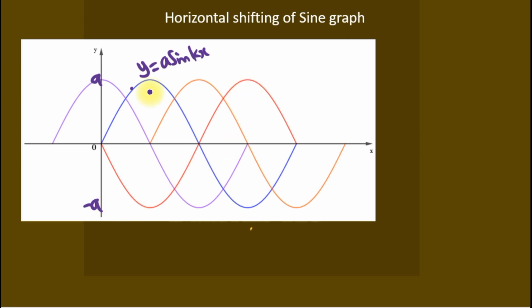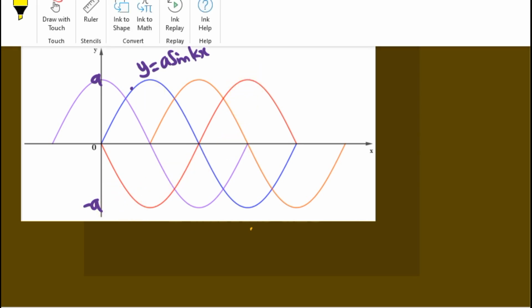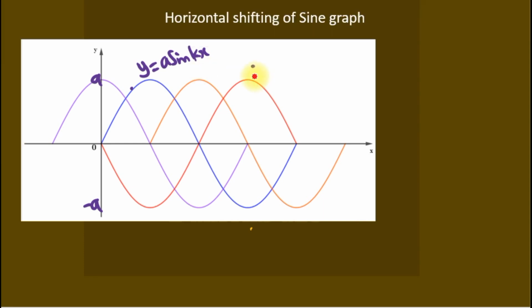So the graph of the red function is y equals minus a sine kx. Do you see it? If you multiply by minus, you get the red graph. Again, we've gotten the two, blue and red, remaining the other one.